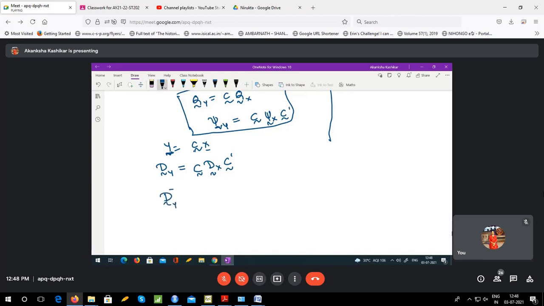So dy raised to minus half, when I compute, what would it be? C transpose inverse dx inverse c.